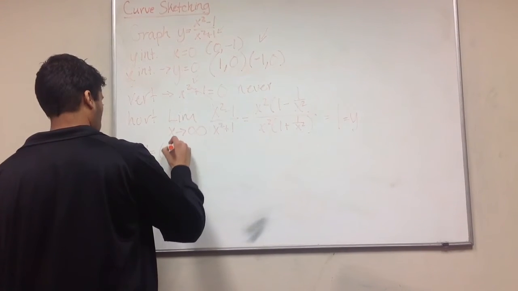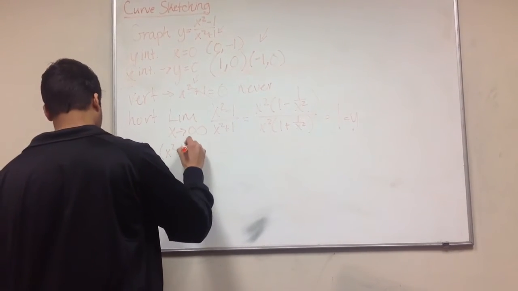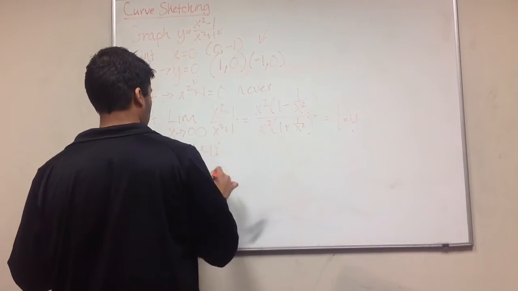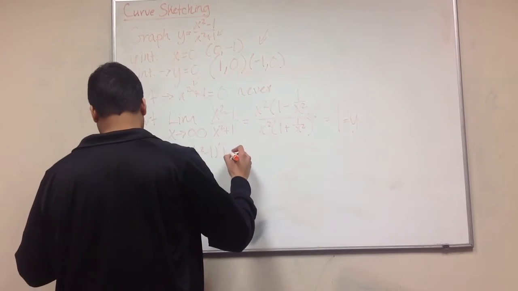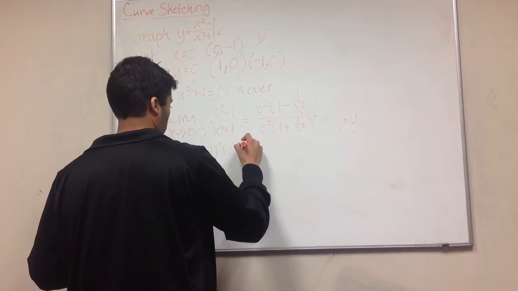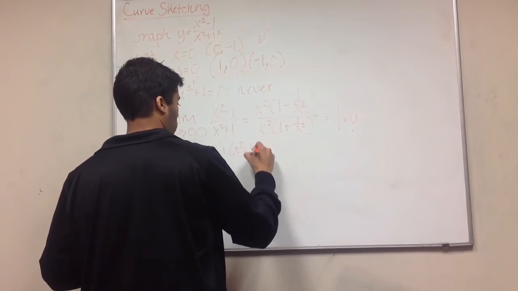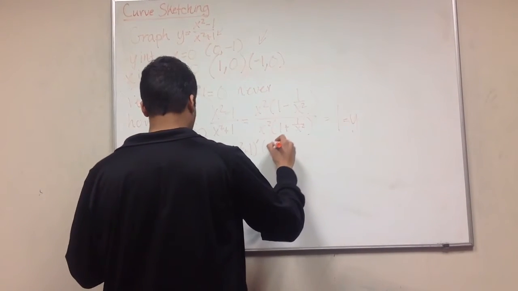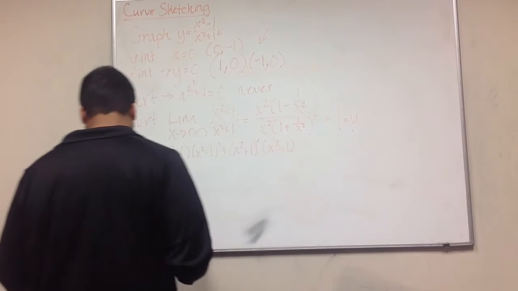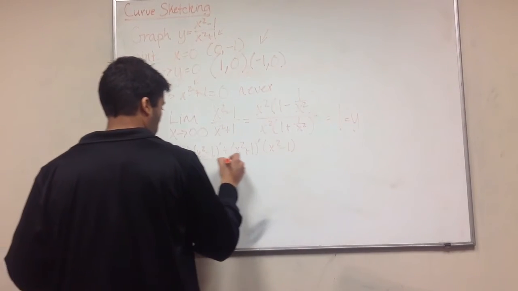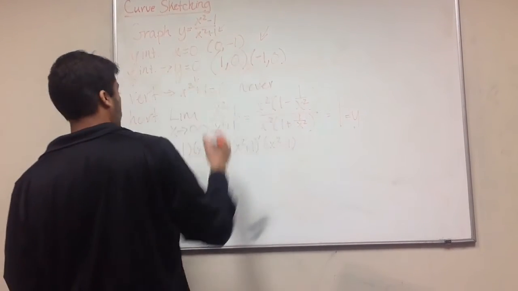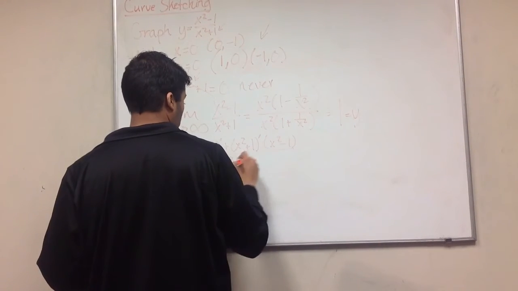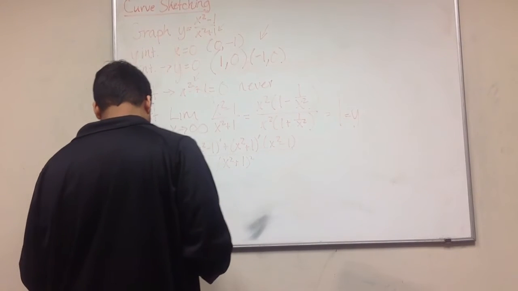We have x squared plus 1 times the derivative of x squared minus 1, plus x squared minus 1 times the derivative of x squared plus 1, all over the bottom squared, so x squared plus 1 squared.